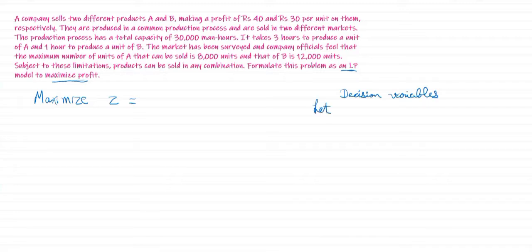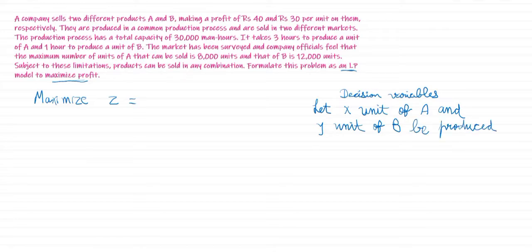So firstly, we'll define our decision variables, and here I'm taking x unit of A and y unit of B. That is, for A I have taken x, and for B I have taken y. So x unit of A and y unit of B be produced.